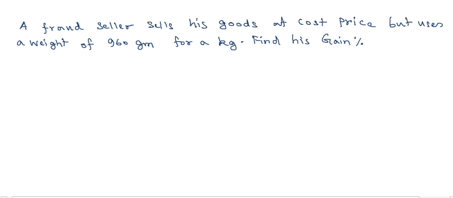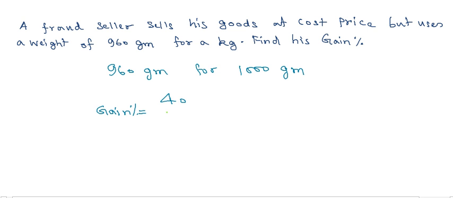So he is using 960 gram weight for 1000 grams. His gain percent will be given by error, that is the difference between 1000 minus 960, that is 40, divided by true value.